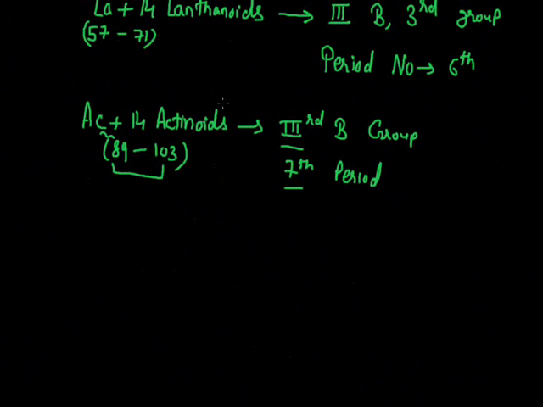Taking one more example, if I talk about the position of curium, the symbol is Cm, it is again an actinoid, which has atomic number 96.